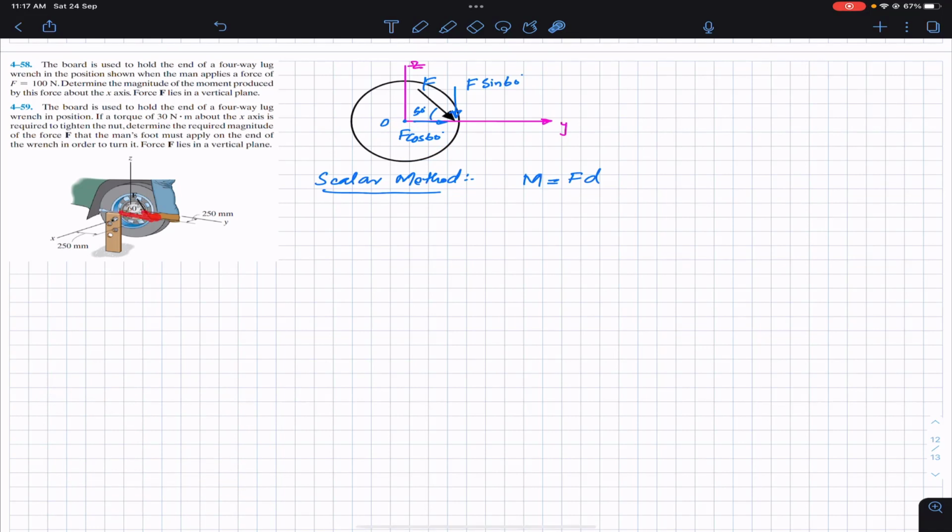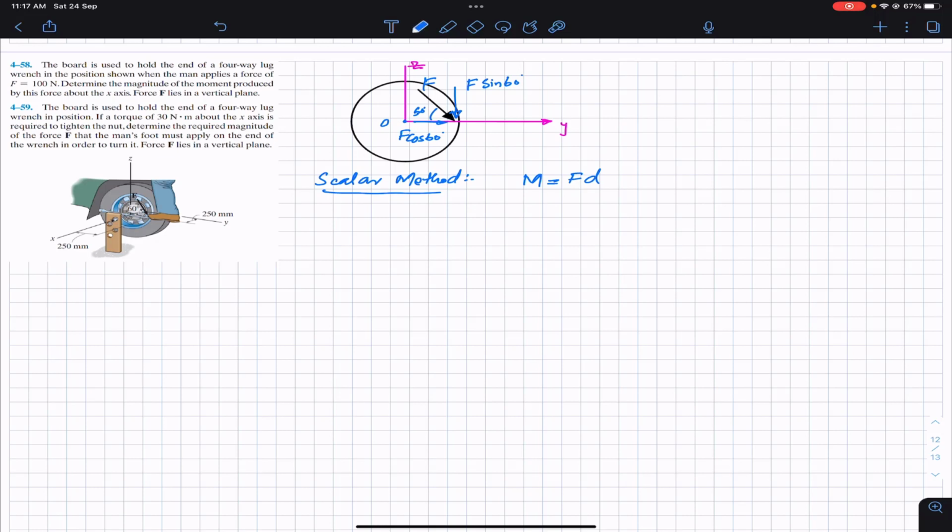If we draw that cos component here, its perpendicular distance from the x-axis is 0, so it's not going to produce the moment about the x-axis. The only sine component is producing the moment about the x-axis, since it is at a distance of 250 mm. Here we are given that this force is acting at a distance of 250 mm. So the perpendicular distance of the sine component from point O or from the x-axis is 250 mm, or in other words, it is 0.25 meters.